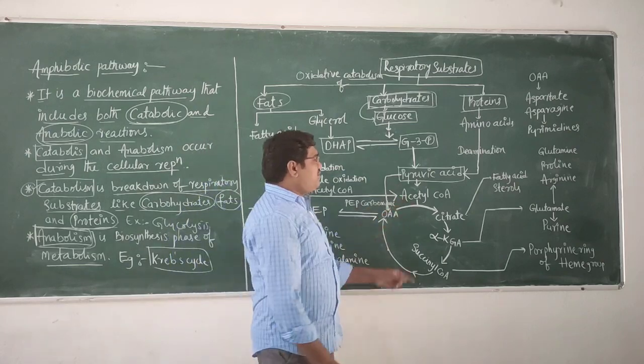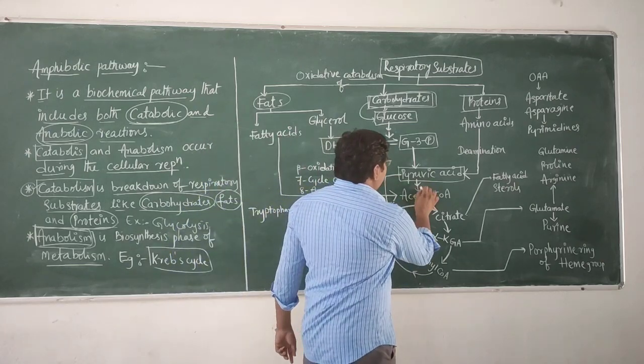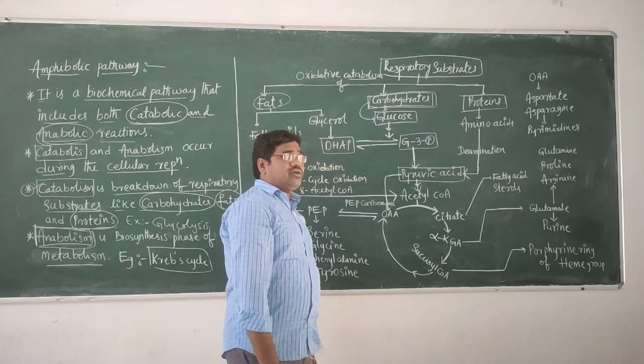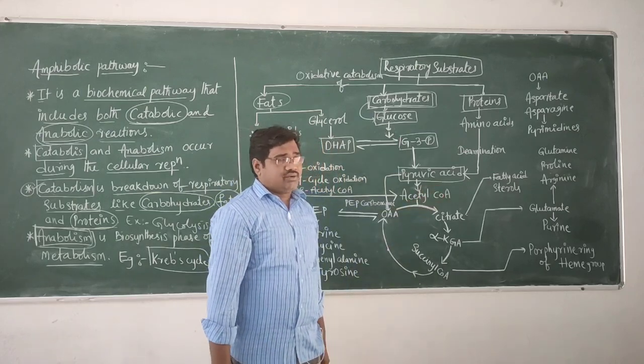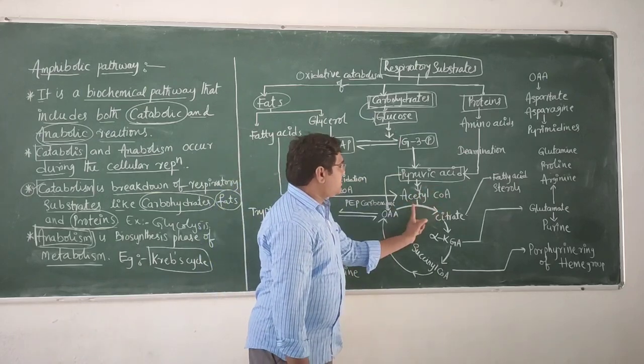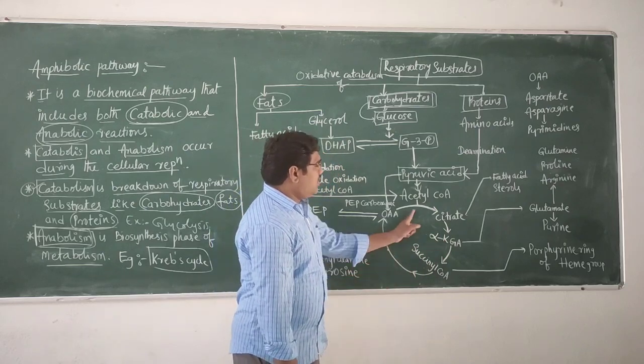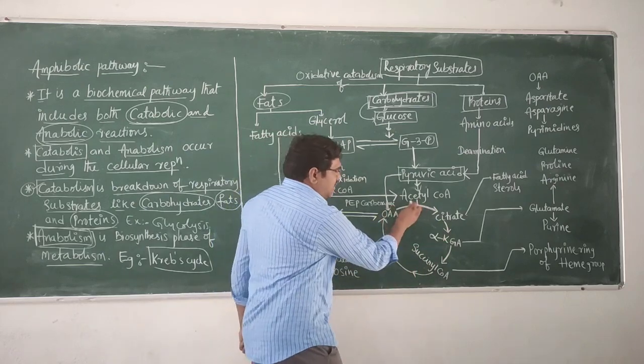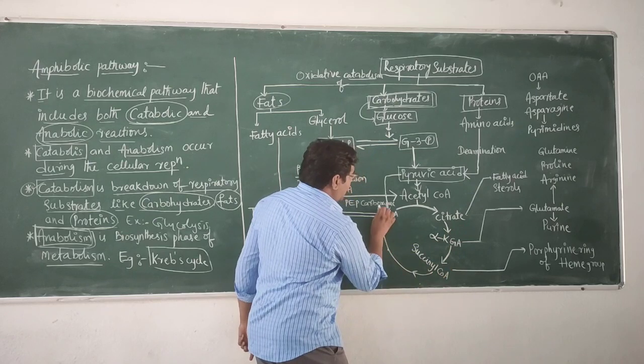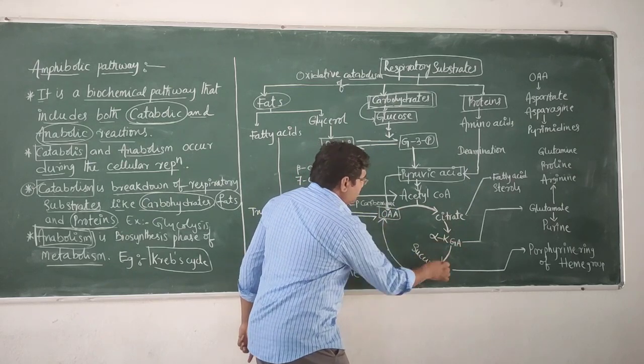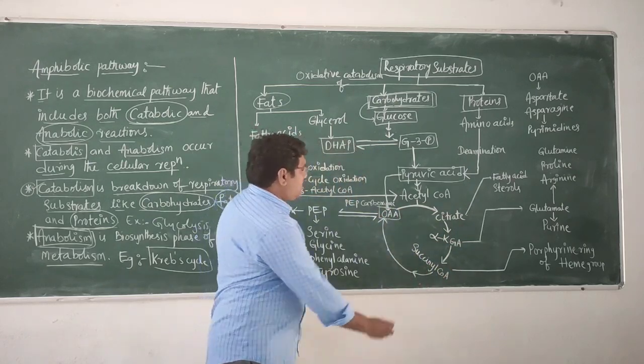Then the pyruvic acid is converted into acetyl-CoA by the link reaction. Acetyl-CoA is then converted into oxaloacetic acid through the Krebs cycle.